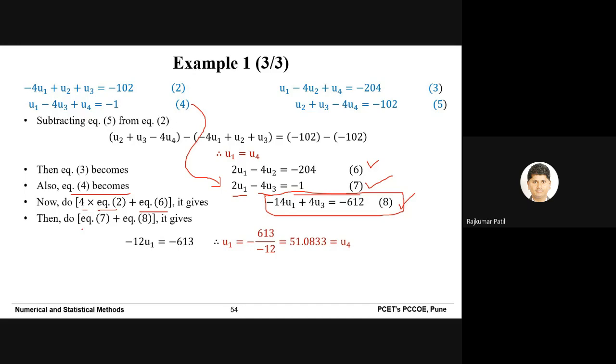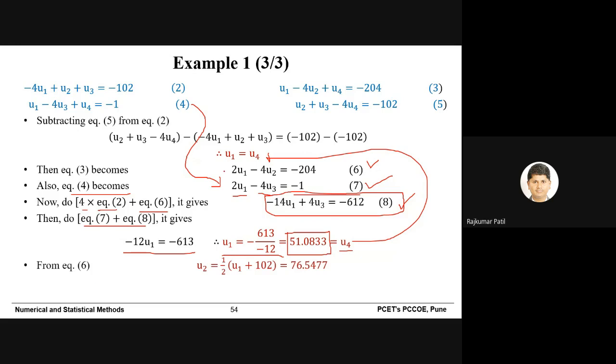Again, you can add equation 7 and equation 8, and when you do that, you will get minus 12u1 equal to minus 613, and upon simplification you will get u1 as 51.0833, which is equal to u4, as we know that u1 is equal to u4.